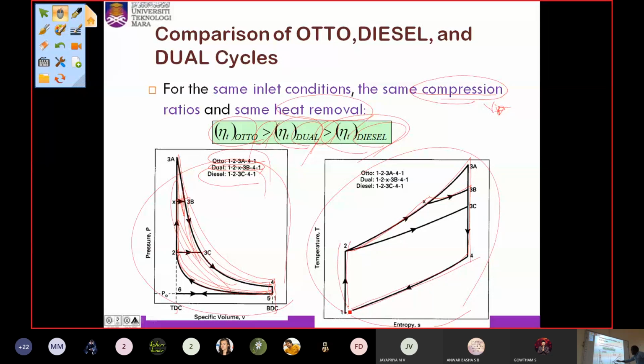Here we have a constant pressure process, then a constant volume process, then a constant pressure process. So the constant volume process is compared with the constant pressure process in the TS diagram. Then we have the diesel cycle.